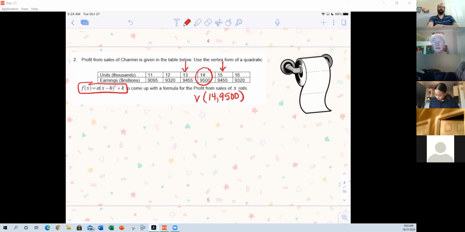Okay, and then I want you to tell me what is A? What is this value right here? Yes, thanks, Aurora. You would take 94.55, either point on either side of the vertex, and subtract the y values, 94.55 minus 9,500, and that would give me negative 45.